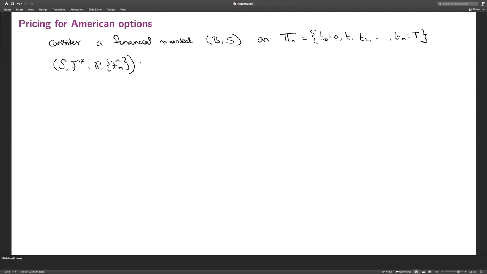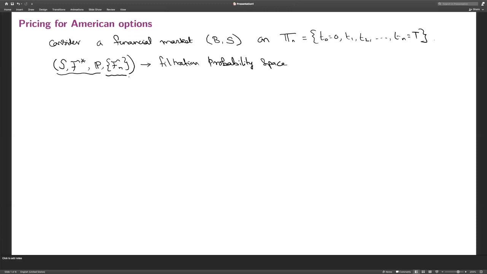This is called a filtered probability space. So what it means is, we have the probability space along with a filtration, that is a collection of sigma fields of information at every time level.